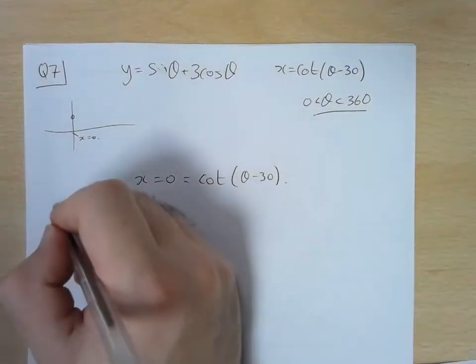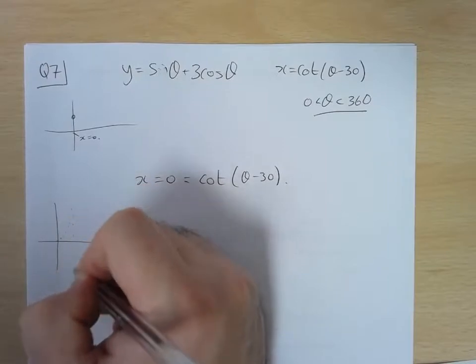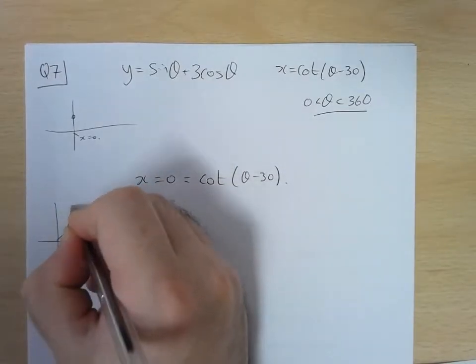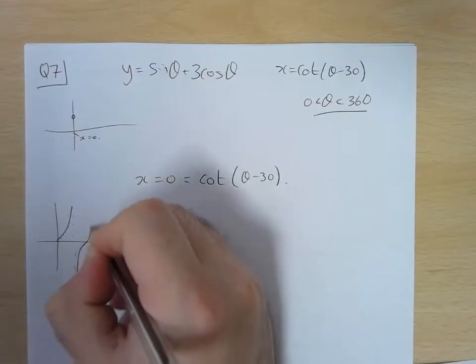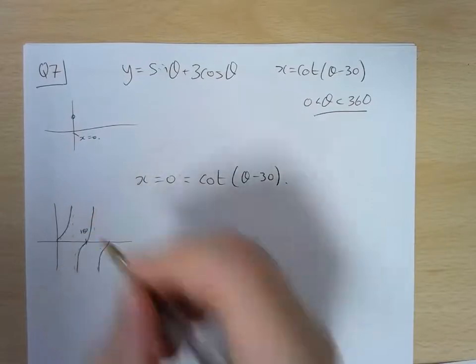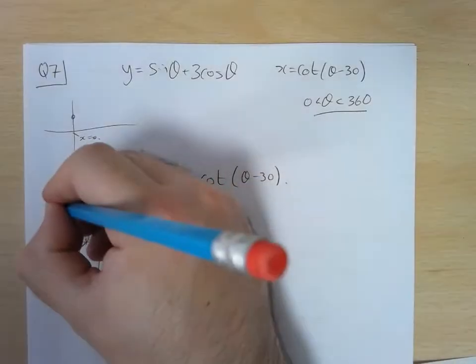I'm going to draw myself a tan graph. So we start off with a tan graph, and a tan graph looks like this. It goes up here, there's an asymptote, it goes up. So this is 180. If you remember when we were drawing the other graphs in lessons, the cot graph is this one.